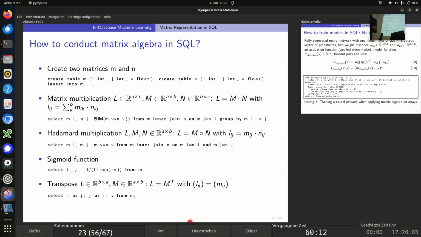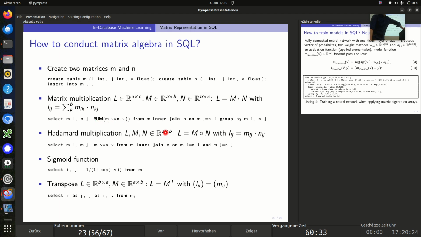And now the question is how I can have my remaining matrix operations in SQL. Creating the matrix is just a create table statement, and using the representation I have shown you, I can do a matrix multiplication quite simply by using the indices.